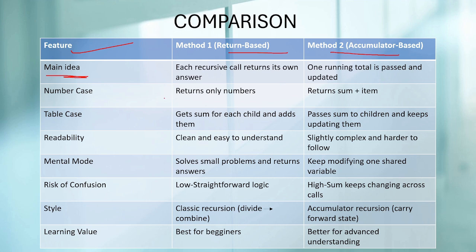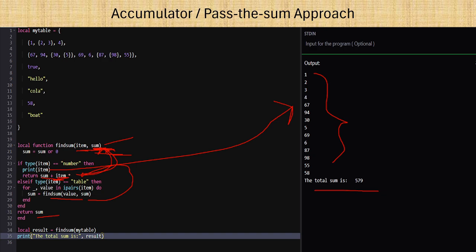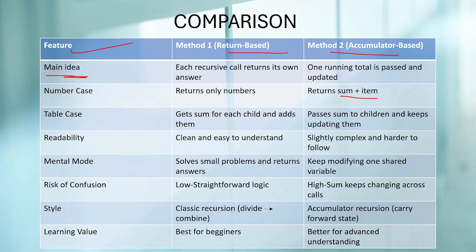So the number case, it returns sum plus item. As you can see here, it returns sum plus item. So table will get sum for each child and then adds them. There were many tables, right? Table inside of table. It's all tables. Table 1, table 2, table 3.